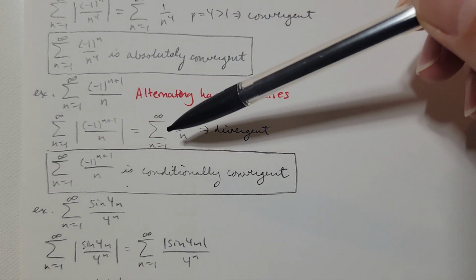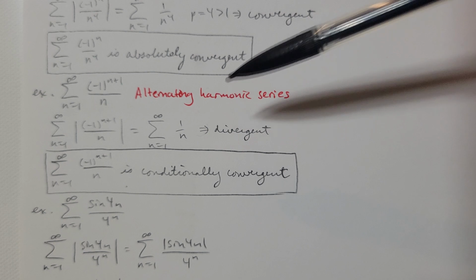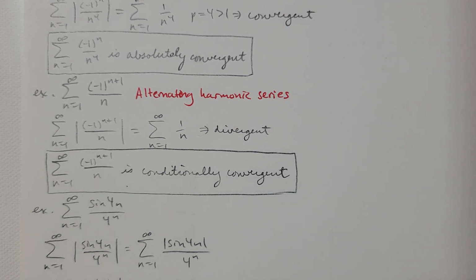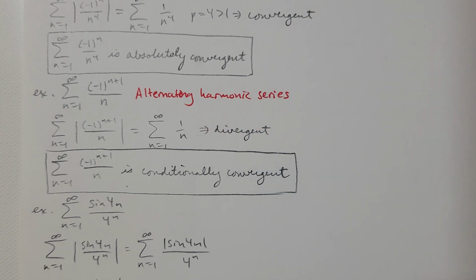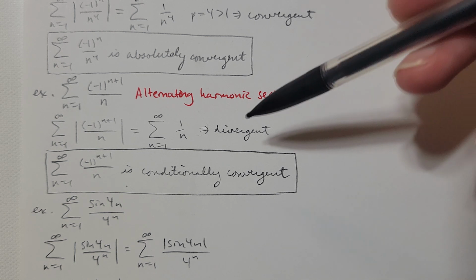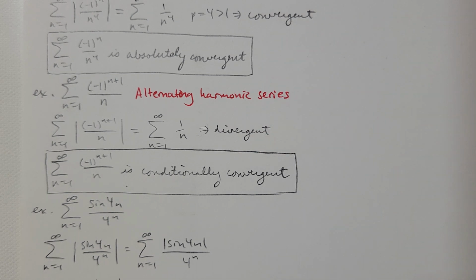N is already a positive number, so I don't need absolute value bars down there, and negative 1 to the n plus 1 is always 1 or negative 1, so with absolute value bars I'm always going to have 1 up top. That means I'll have the summation as n equals 1 to infinity of 1 over n, which is the harmonic series, and I know that diverges. We saw that in section 11.2.